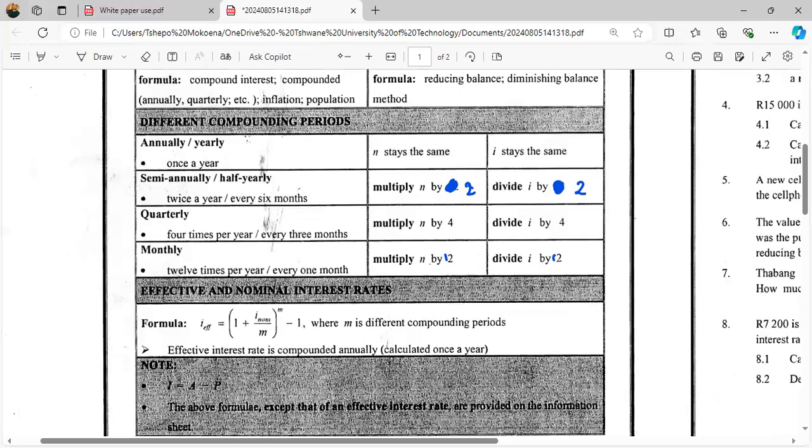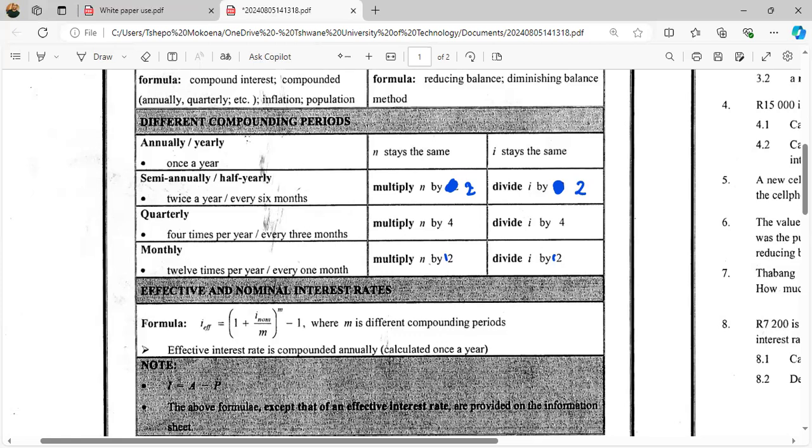And then here we have what you call the effective and the nominal interest rate. In simple terms, the effective rate is the interest rate that your money will actually get when you save money in a savings account. It is the actual rate that your money gets.